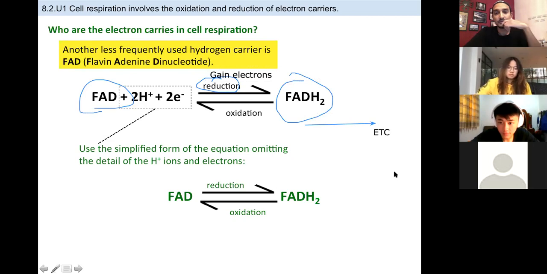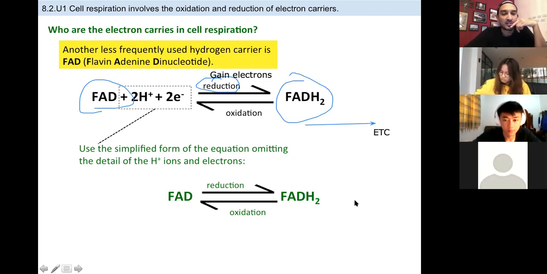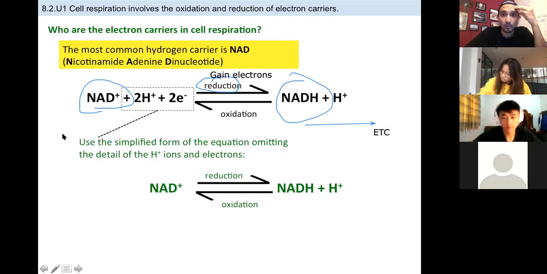What's the difference between NADH and FADH2? It's just two different molecules, with a slight difference in their structure. Obviously FAD can carry 2 electrons, whereas NAD can only carry 1. No, sorry, there are 2 electrons here with an additional hydrogen hanging out.